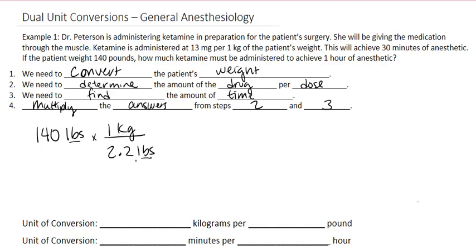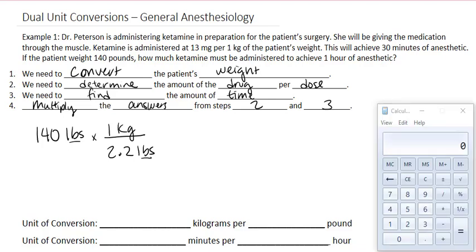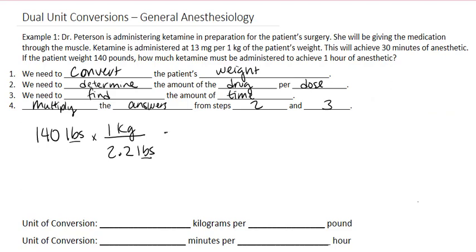So we would take 140 and divide by 2.2 pounds. So that gives us 63.64 kilograms.